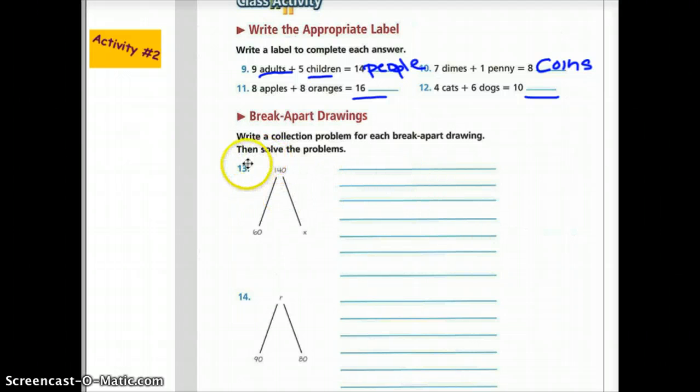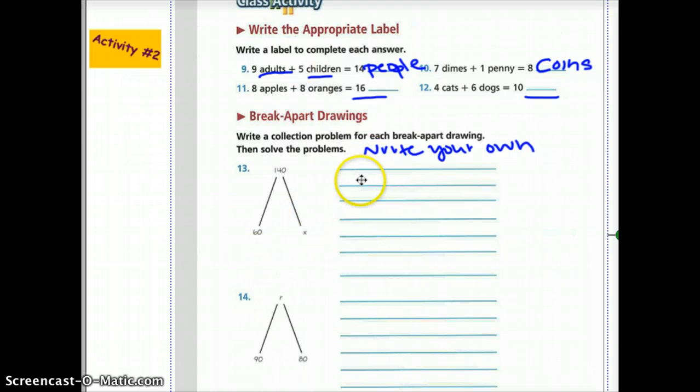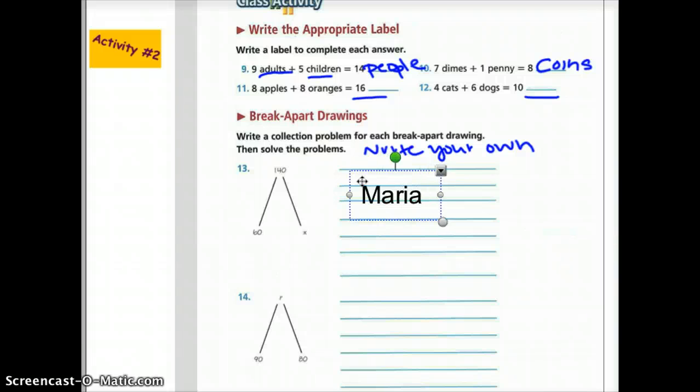For 13, we are writing the word problem. I'm going to demonstrate one. You are going to then write your own. So I have 140 as my total. I have 60 here, and I have something that is unknown. So for this problem, I could do Maria has $140.